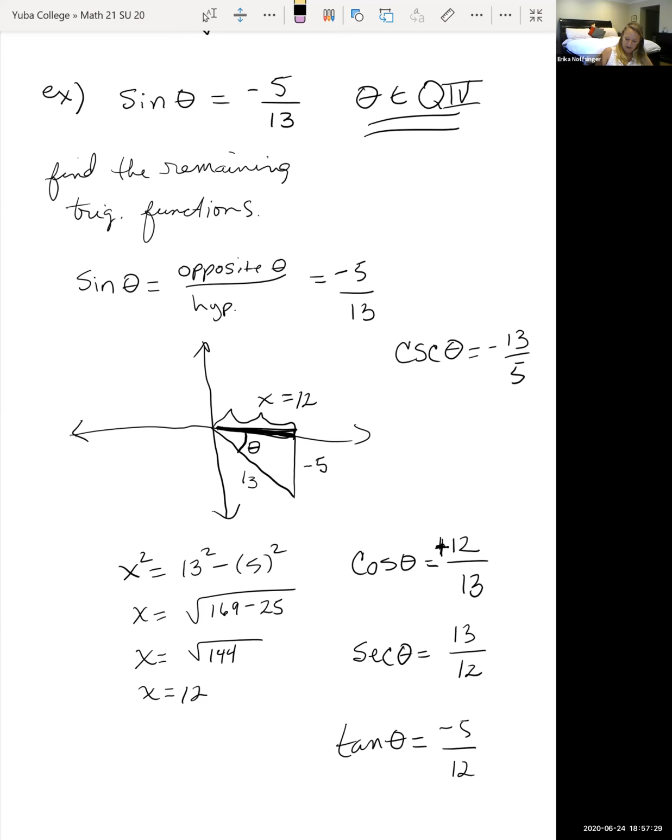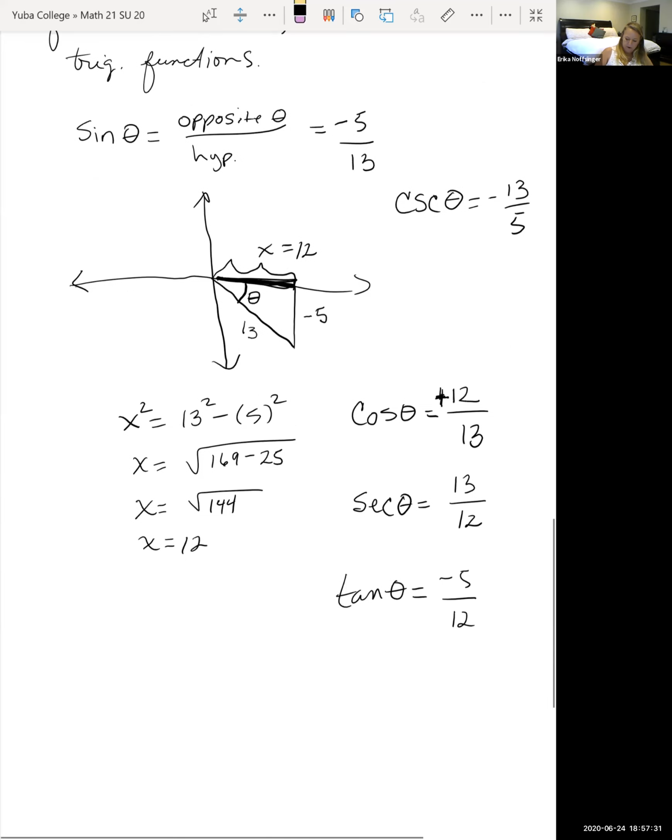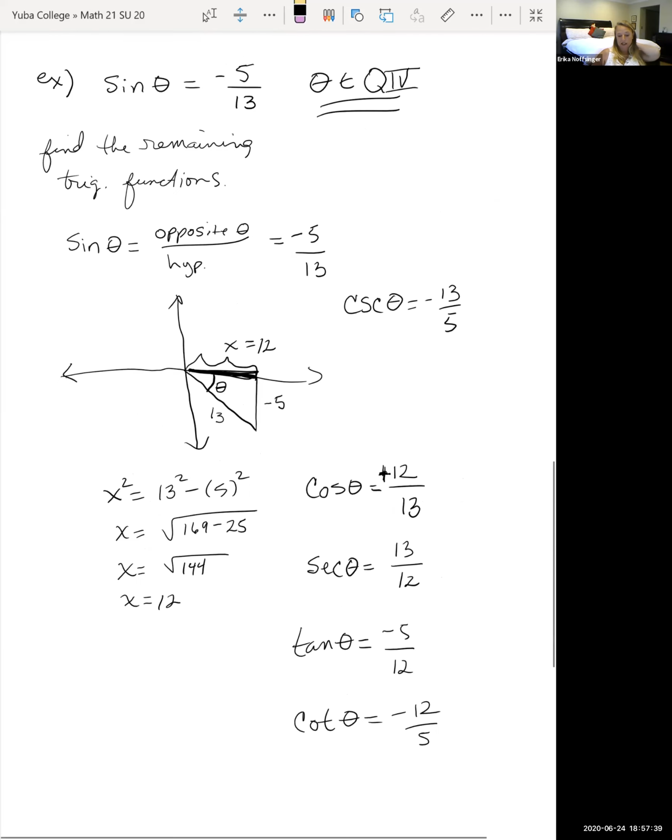Cotangent is the reciprocal, so -12/5. Okay, so given what a trig function is, you should be able to find the other trig functions, or given a point, you should be able to find the 6 trigonometric functions.